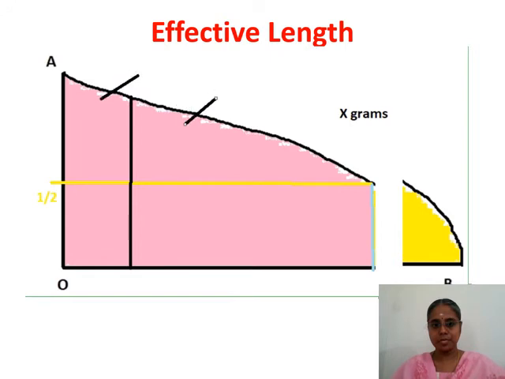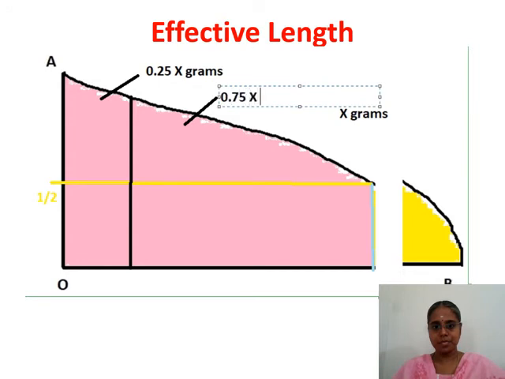This is your 0.25 x grams. If the total is x grams after removing the fibers less than half of your effective length, then here it is 0.75 x grams. Hope you understand.